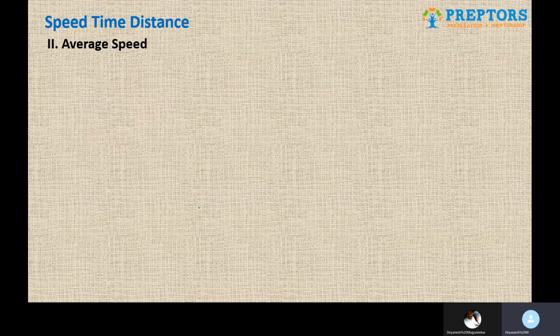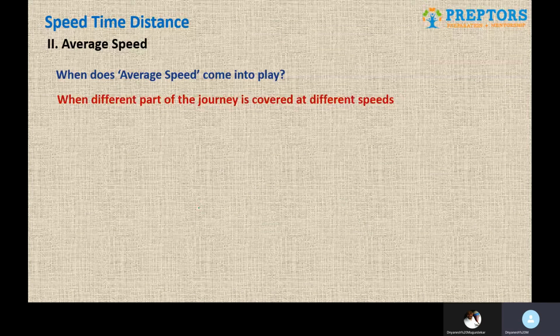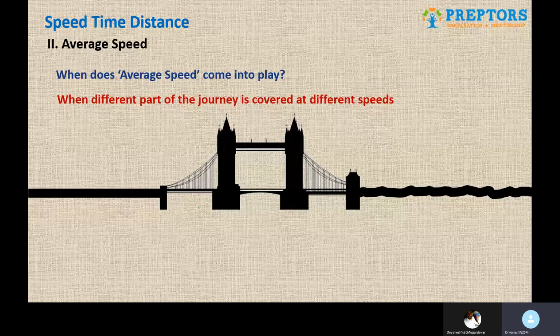The second type from this first part is average speed. It's a very simple topic. First of all, when does average speed come into the picture? Obviously when you cover different journeys at different speeds. For example, as you can see, there are 3 different journeys. First part of the journey is a flat road.